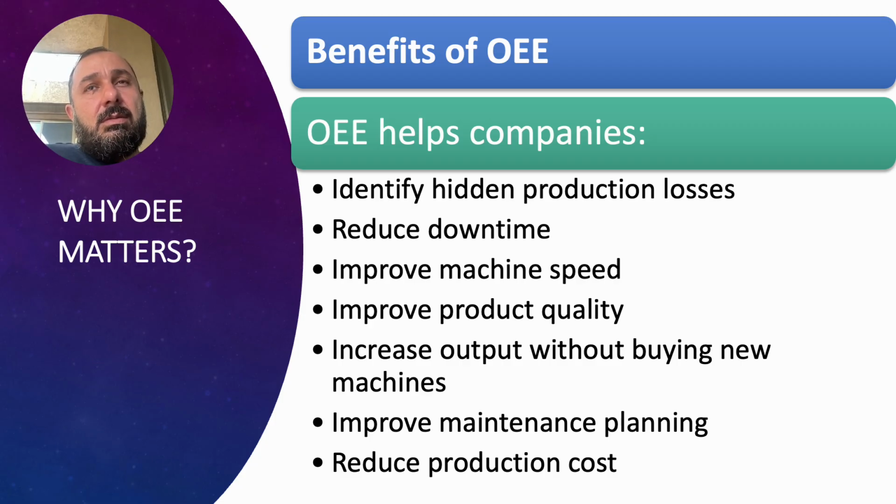So companies really look at having OEE calculated so that they can know what is going on in their line, and whether they are within the average, above the average, or at the world class level.